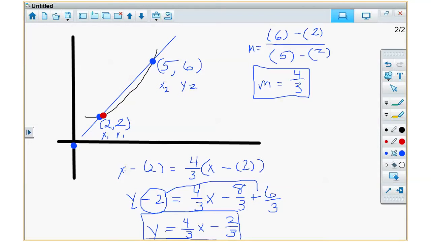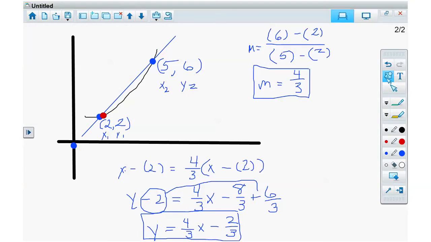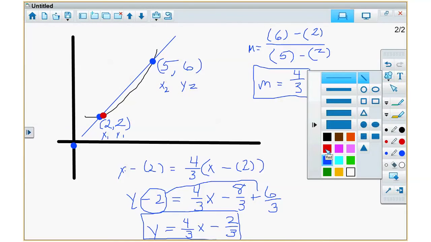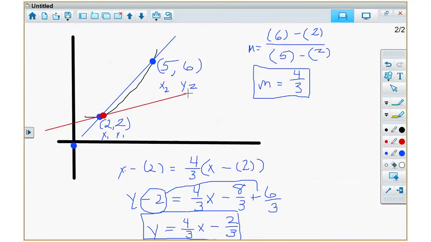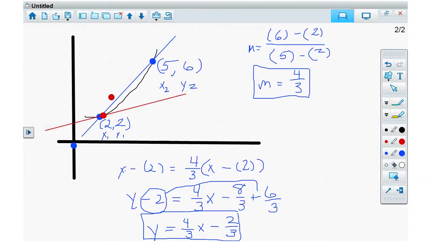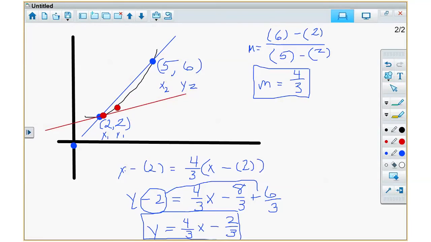And then you take your red line and you draw it like that. But the good thing about calculus is it doesn't just give you the slope there. It gives you the slope what? Here, here. So after I take the derivative, I can find the rate of change at this point, at that point, and at this point.